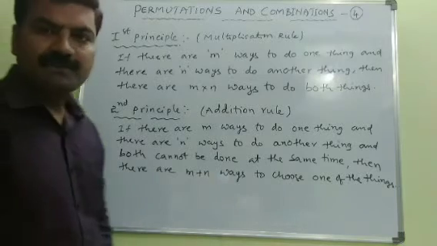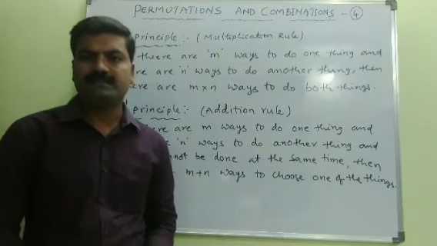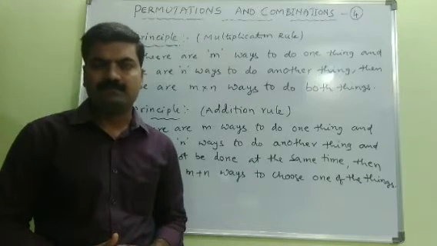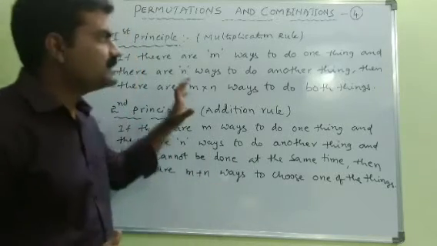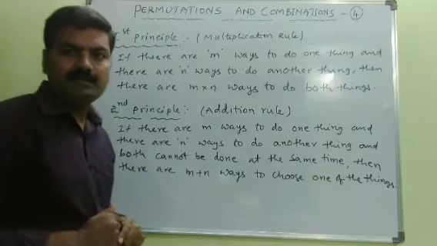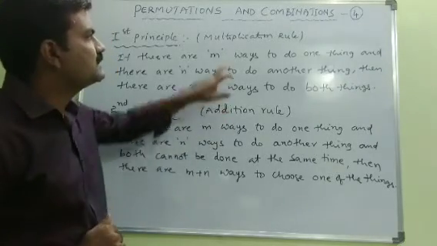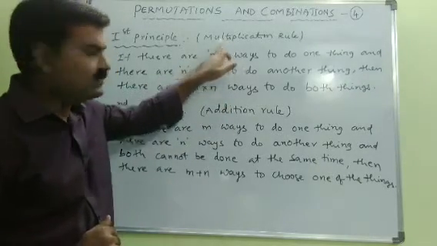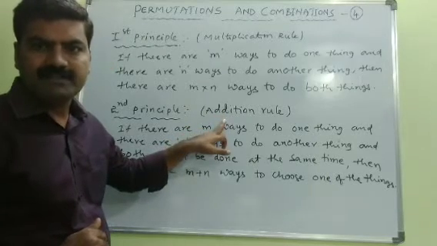This chapter, especially permutations, depends mainly on two principles: the multiplication rule and the addition rule.